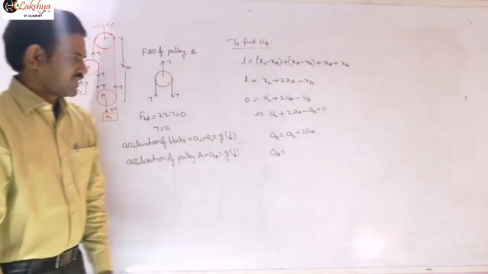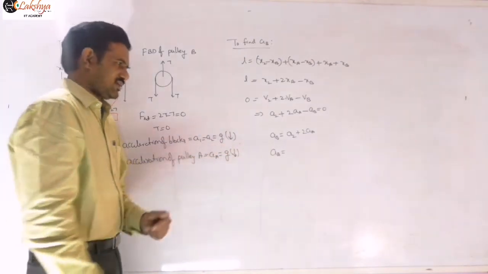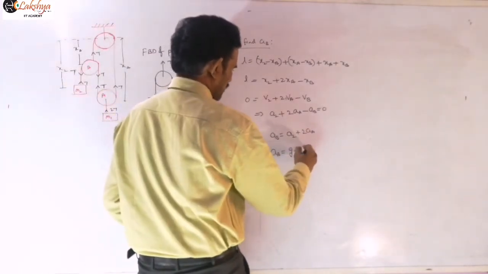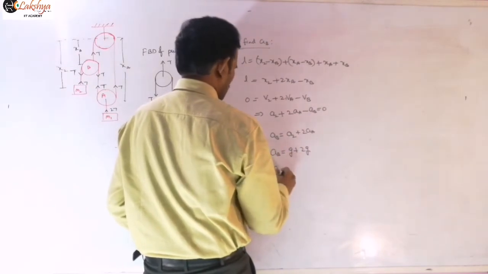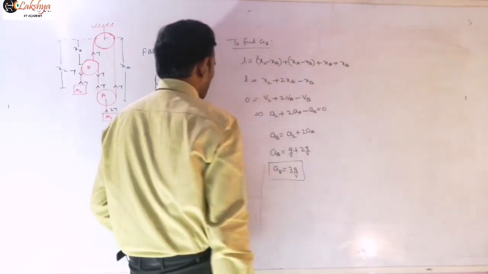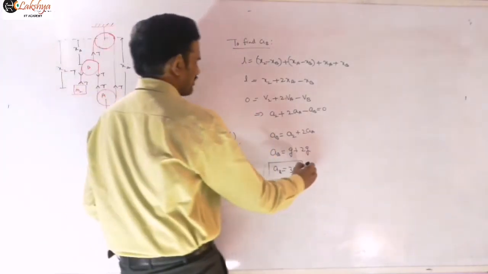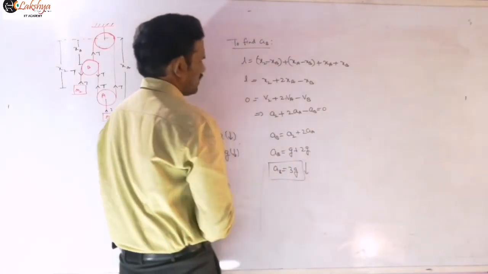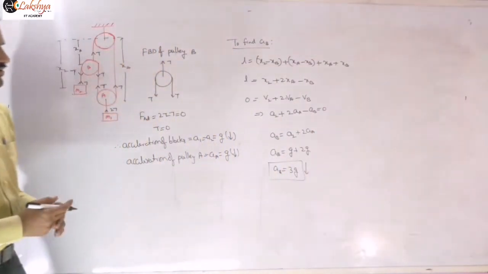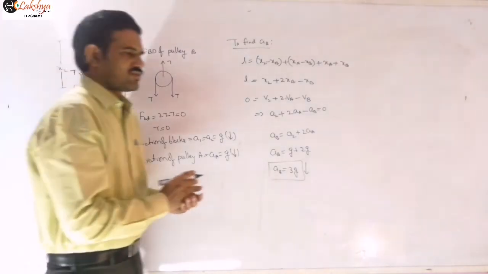Now we can observe that A2 is nothing but g only, and acceleration of pulley A is also g only. So g plus 2g. So we will get acceleration of that pulley as 3g. And we are getting that as a positive value. Positive value means it will also be in the same direction as this here. So it will be in downward direction with an acceleration of 3g. So that is the accelerations of such a system here.